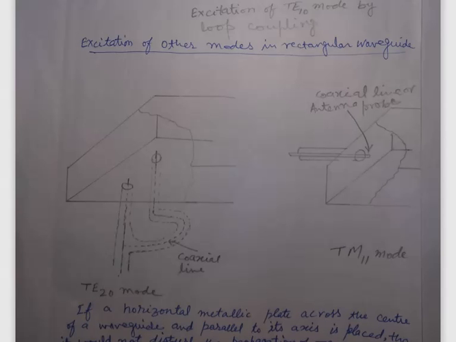For example, if we have to excite TE20 mode, then as shown in the figure, two probes were inserted in the broad wall of the rectangular waveguide, by splitting the one probe with the help of a coaxial line into two probes, and these two probes were shown as in the figure. So in this way we may excite TE20 mode.